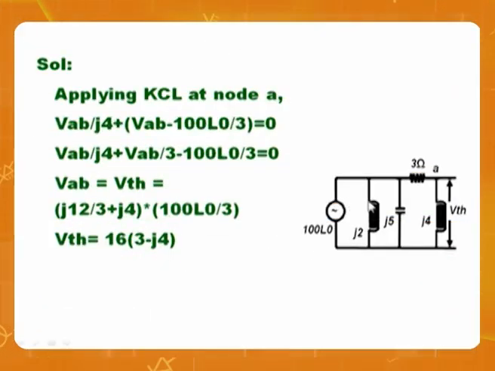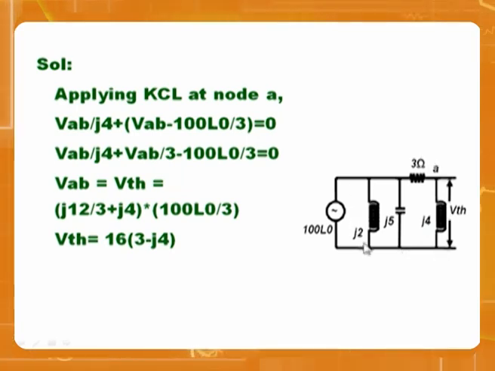Look at this. I took the same problem here. It's very important. Please observe. This is 100 angle 0. Here it is the same, here it is the same, here it is the same. And we want VThevenin's. Say this is another node. All this becomes ground.